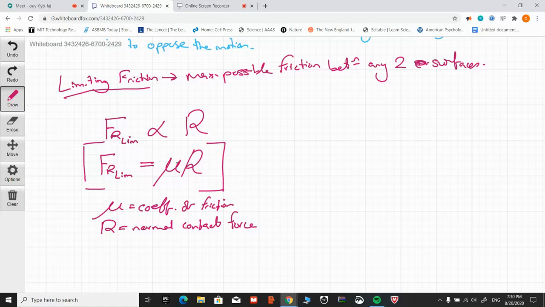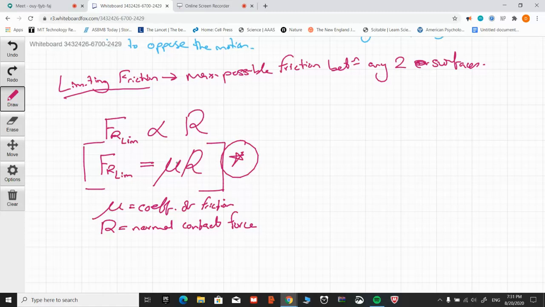Yes, but here it is named the coefficient of friction. It has nothing to do with R. It is completely dependent on the surface, and it completely influences the value of the limiting friction. So it's called the coefficient of friction. Keep that in mind. This is the normal contact force, which we are learning how to find, and this is the coefficient of friction. So this is the jackpot formula of this chapter.